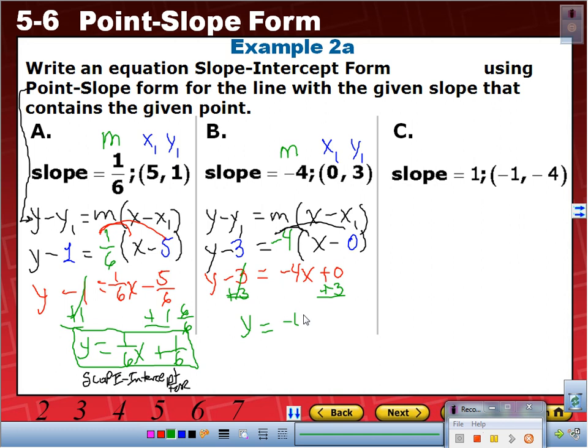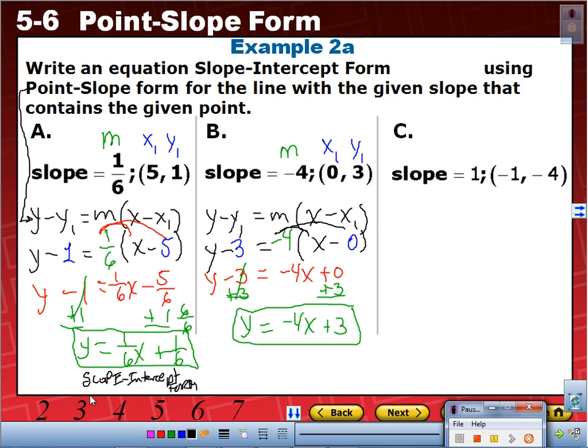We're left with y equals negative 4x plus 3. And we're done. And what is this last form called? Slope-intercept form. And what form did we start with? Point-slope form. With that said, see if you can do C by yourself, please.